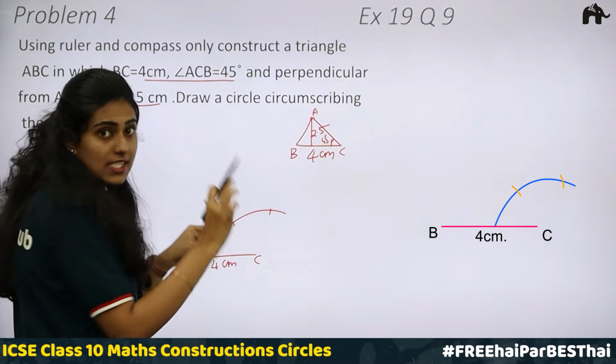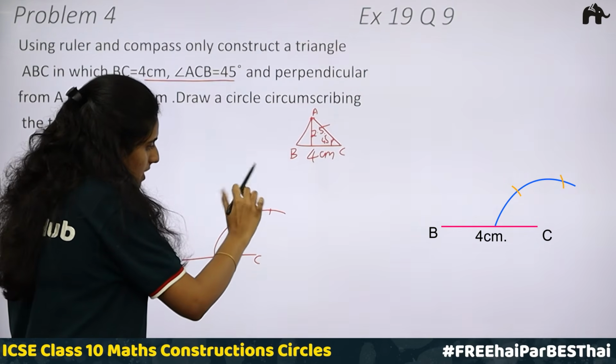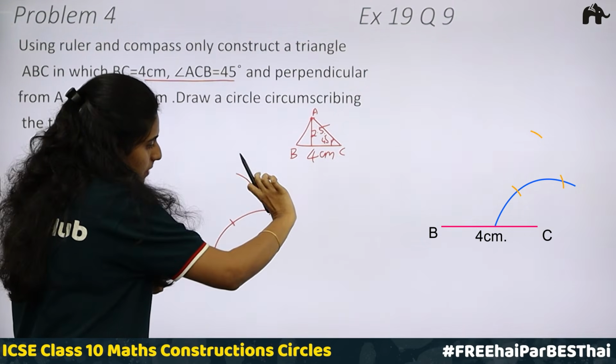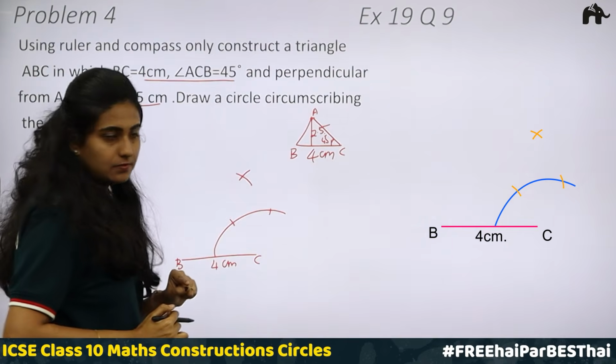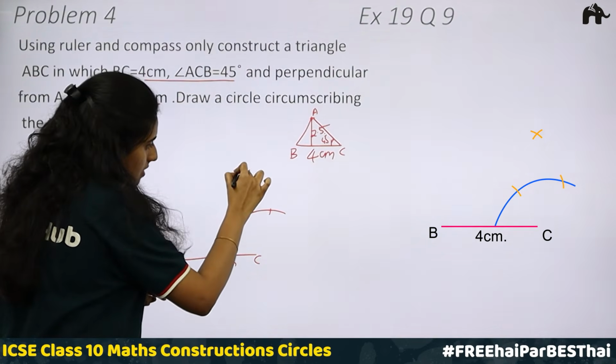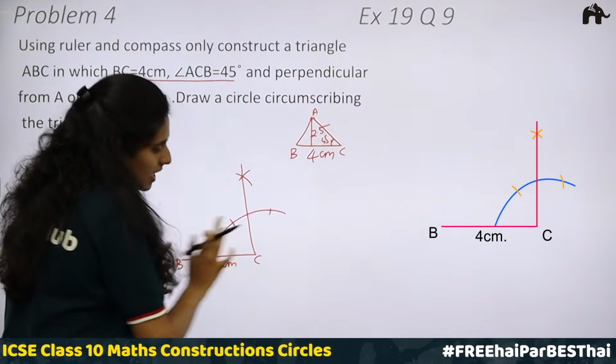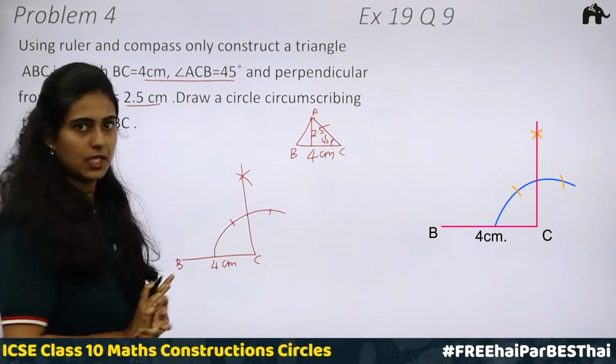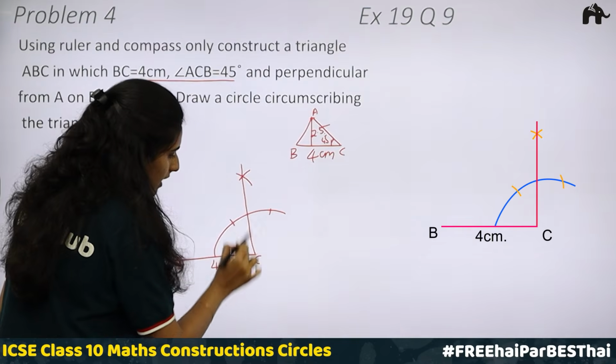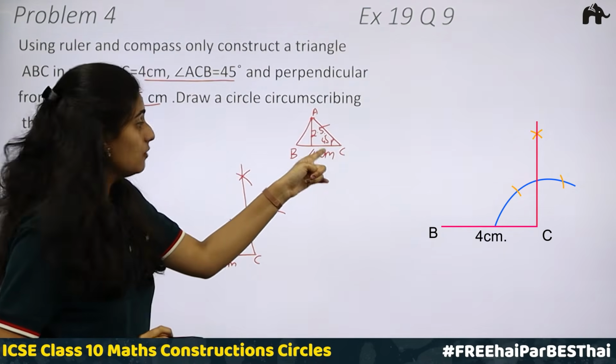For that, with some measurement, placing the compass here, cut an arc. Place it here, cut another arc. When you draw a line from this point to the baseline BC, we get the perpendicular. Now we need 45 degrees.